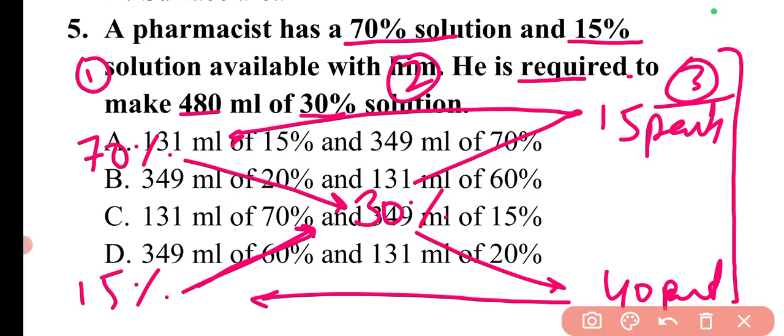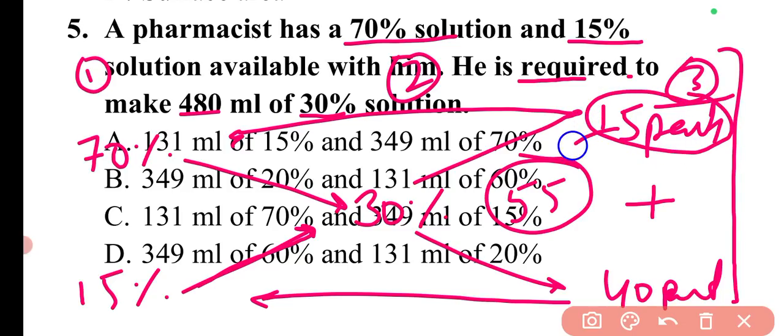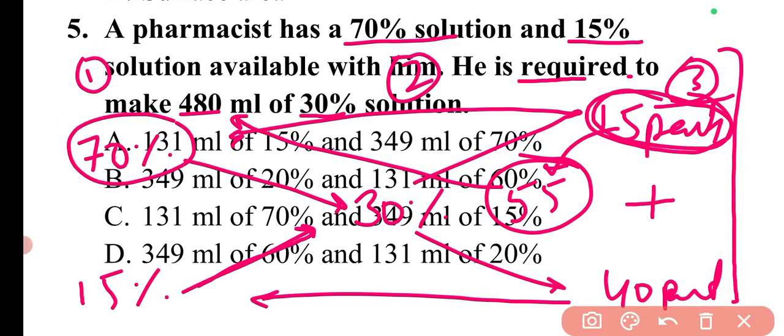Now you can see you have total parts of 15 plus 40, that is equal to 55 parts. Now you can find out the quantities: we need to find 15 parts out of 55. Total quantity is 480 ml and these 15 parts will be of 70%.